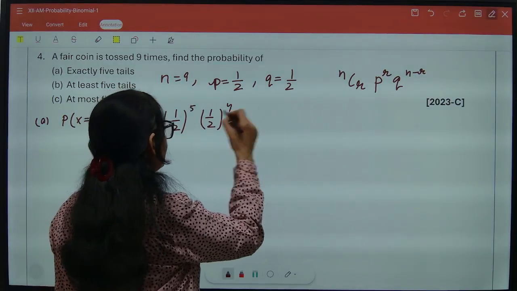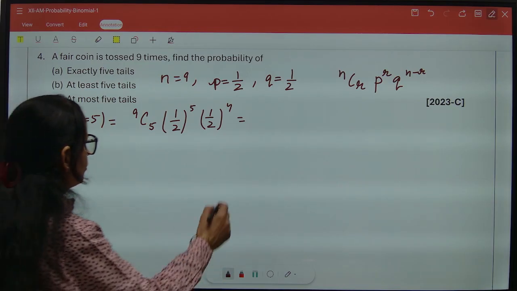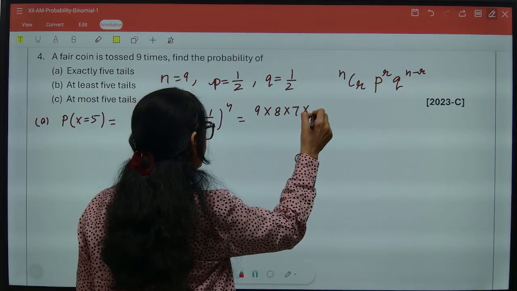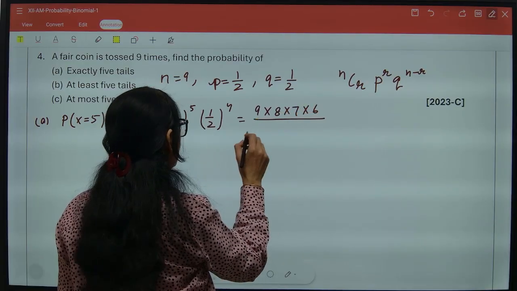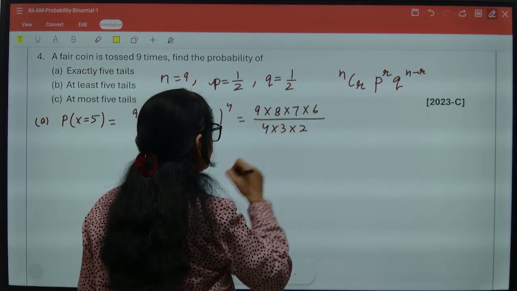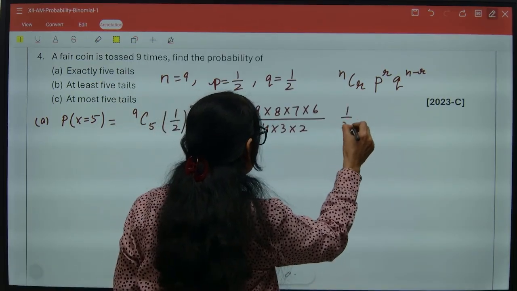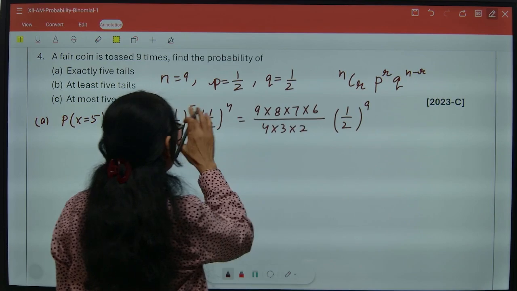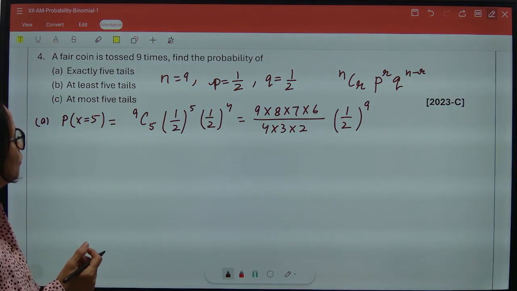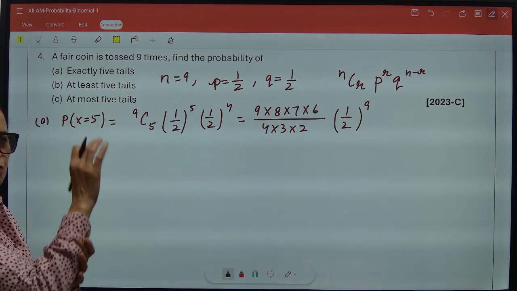So this can be written as 9C5. How much is 9C5? Let's do it. 9C5 is 9, 8, 7, 6, the 5 factorial goes away, and then you have 4 factorial, which is 4, 3 and 2. So this is 9C5 and 1/2 to the power total 9. These exponents get added up and it is 1/2 to the power n. So where you have probabilities p and q the same, you can straight away write p to the power n.